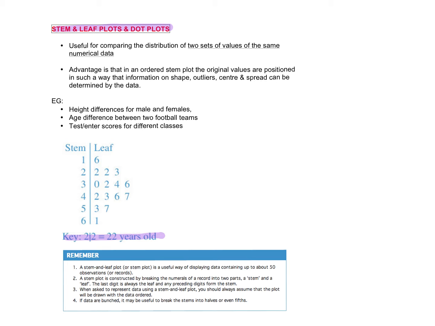The key will tell you what it means. The stem means it's in the tens, so a stem of 2 means it's 20, and then this bit is the leaf, so it's 22.